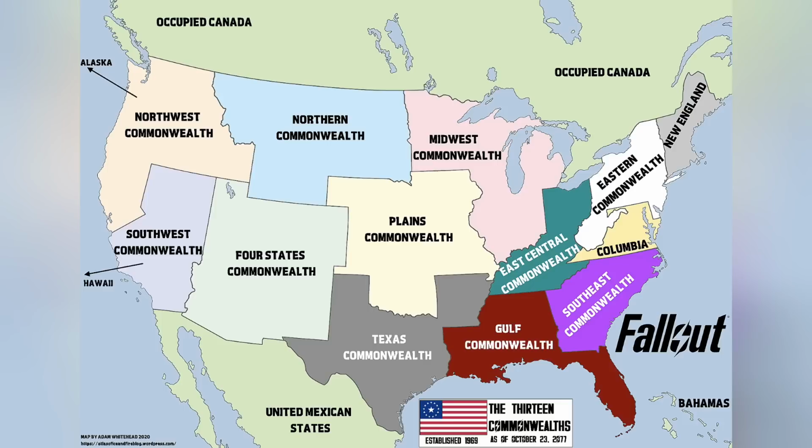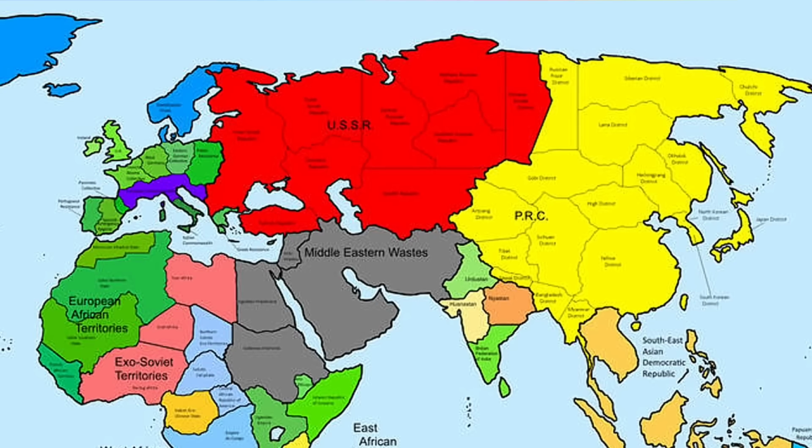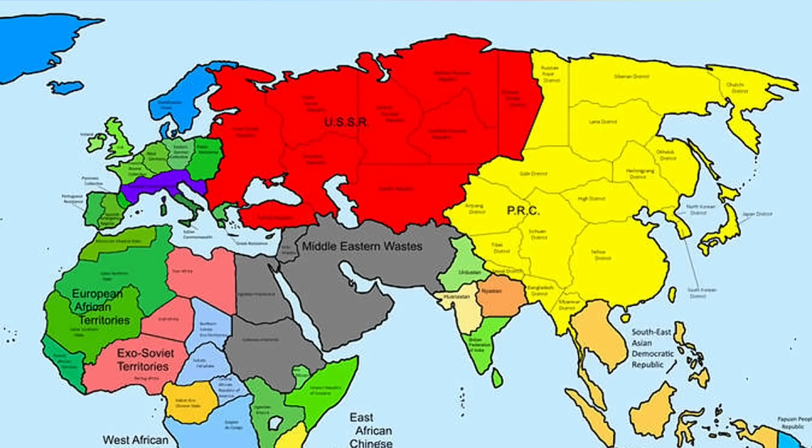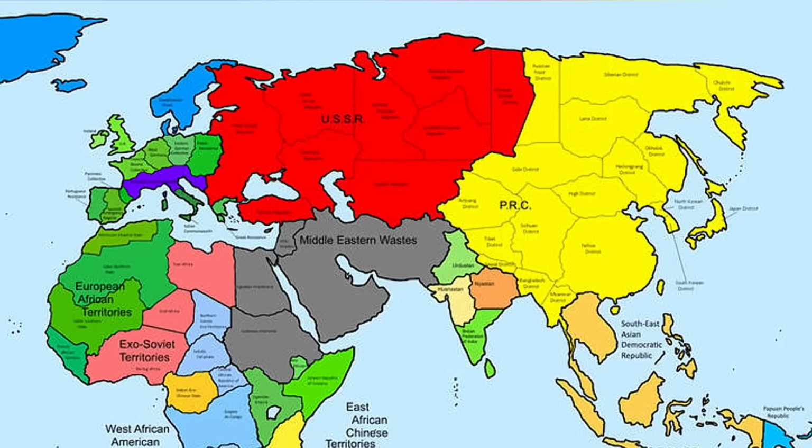This is because in the alternative 1969 in the Fallout universe, the 50 states were consolidated into 13 commonwealths. However, the states themselves are believed to have retained some degree of their own sovereignty and political autonomy within each commonwealth.